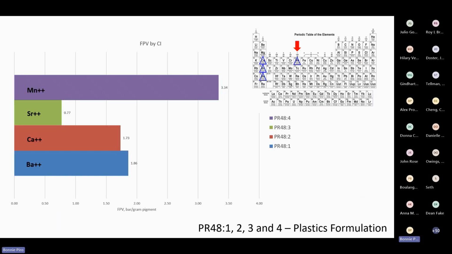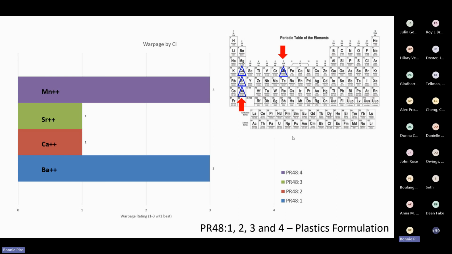Filter pressure value. This is again a measure of dispersibility, and again that 48.4 manganese salt stands by itself with a poorer filter pressure value versus the other three down the second row. Warpage is another area to take a look at.